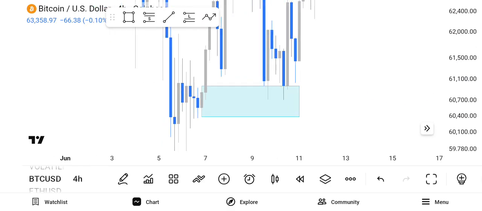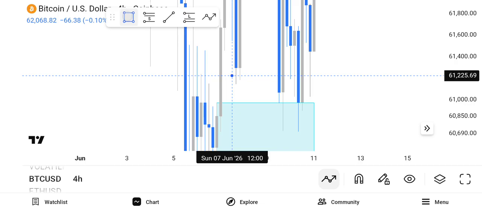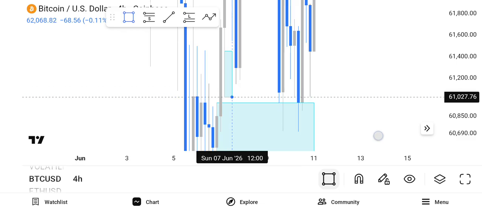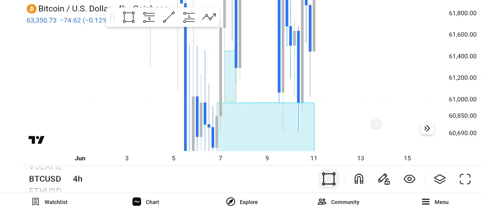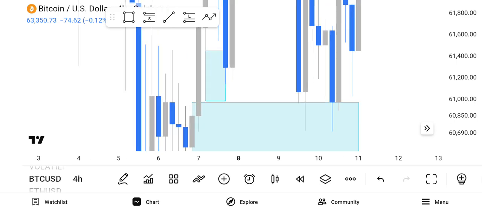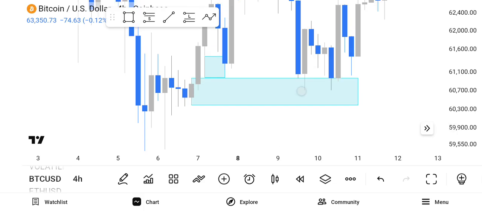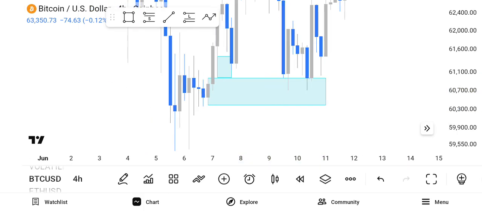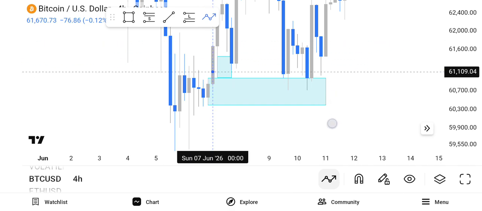Now imbalance, or what most people will say is FVGs, is this space in between three candles that's unmitigated by the next candle. So this is the first candle right here, that is our demand zone. The second candle is this huge impulsive candle.